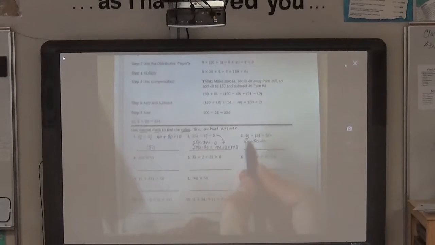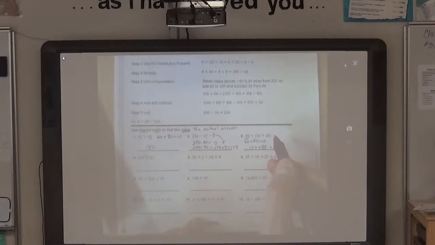Or maybe you can see 46 plus 54 is 100, isn't it? And then add 33. Jacob? Aren't you supposed to do the parentheses first, though? Yes, but what does the rule of commutative say?